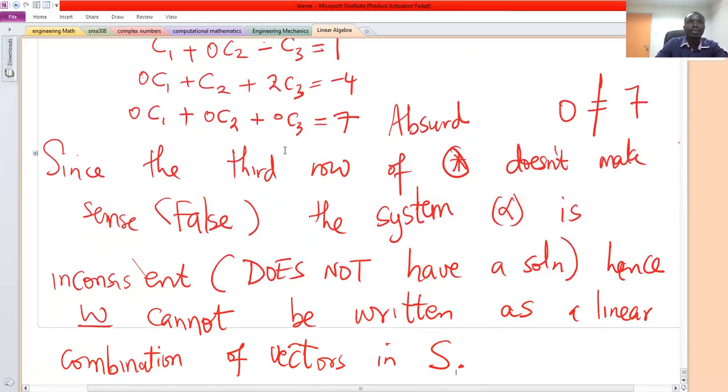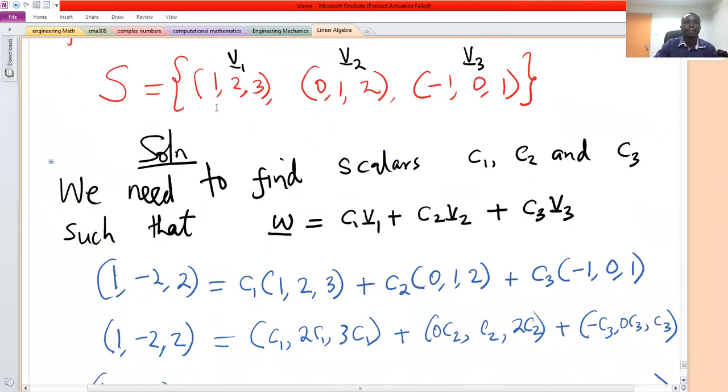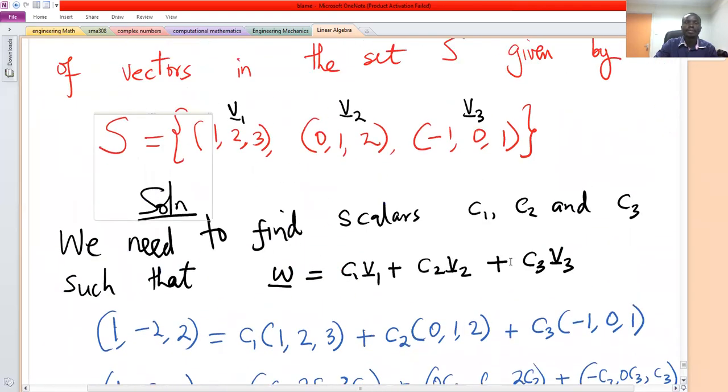You can't find C1, C2, and C3 satisfying the condition given this definition here. So that's how we solve that. Thank you.